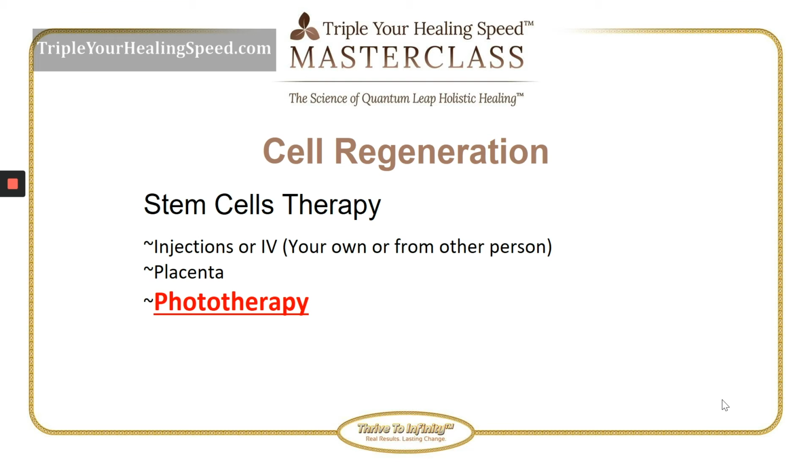So the next one is placenta. Placenta has been around for a very long time. Basically, you're eating placenta in a supplement, and you ingest it. Using placenta as a stem cell therapy has been around for thousands of years in classical Chinese medicine.